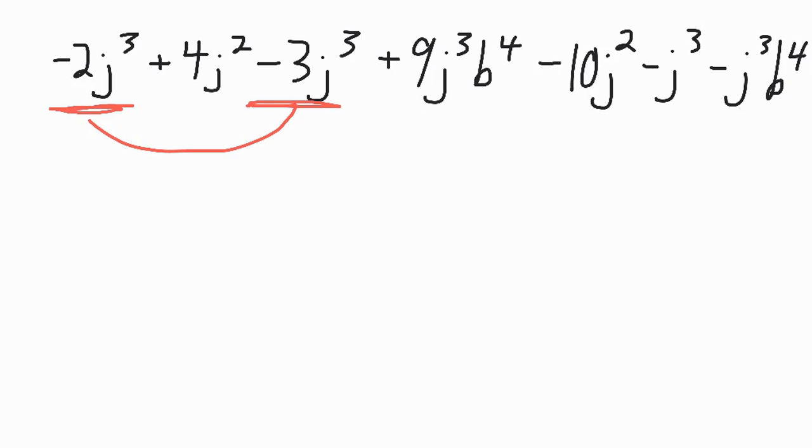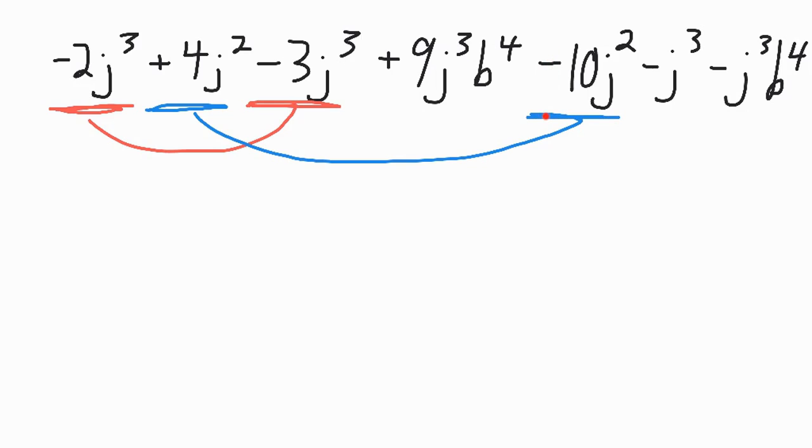Now we see, and this has j to the third power. But it also has b to the fourth power, so this term is not a like term with the other two. This has j to the second power, so actually this term and this term are like terms, so let's go ahead and underline those. Notice I'm underlining it.